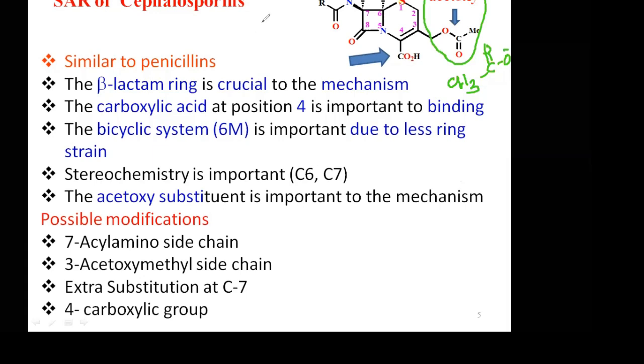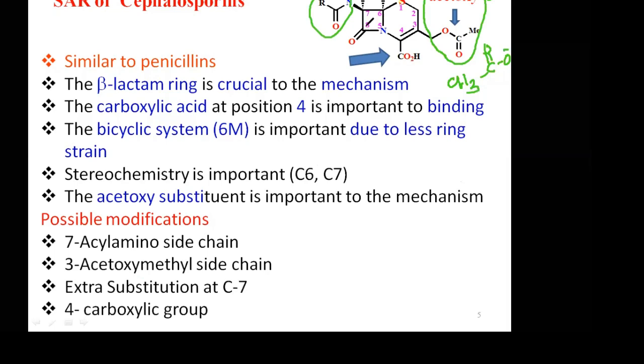So what are the possible modifications we can do here? The 7-acylamino side chain, we can modify this side chain. Then we can modify a third functional group, that is the acetoxy group.